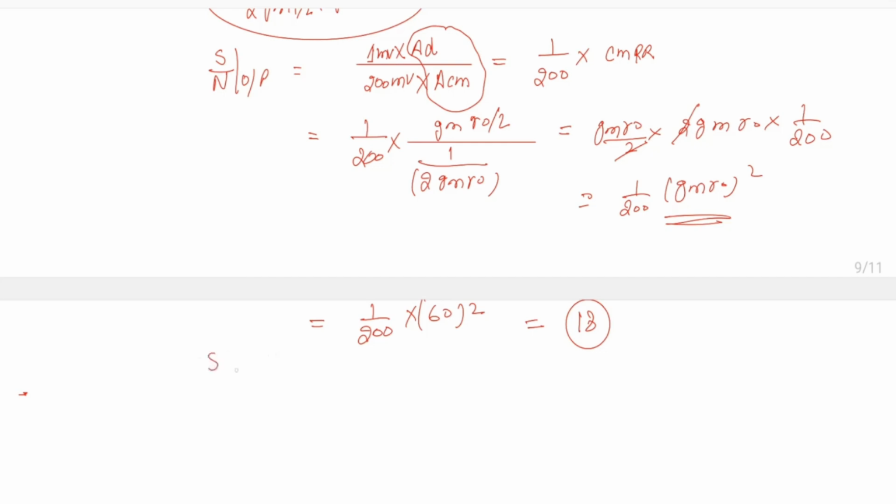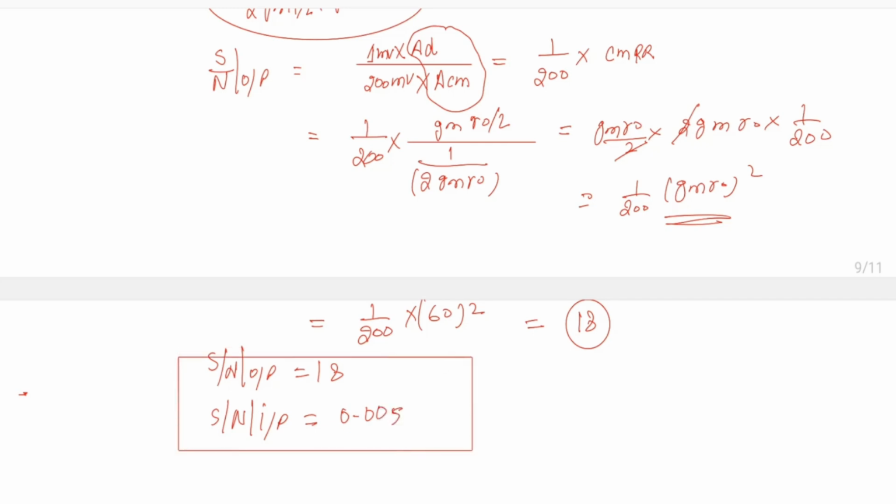So signal to noise ratio at the output is 18, and signal to noise ratio at the input is 1 by 200, so that is 0.005. Now you can see the difference.